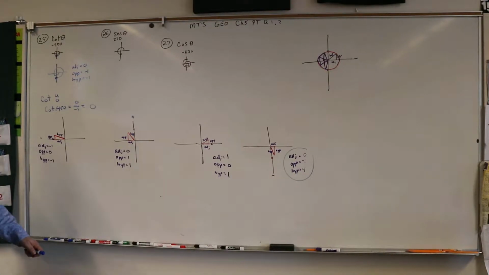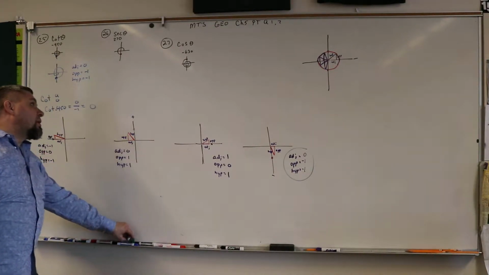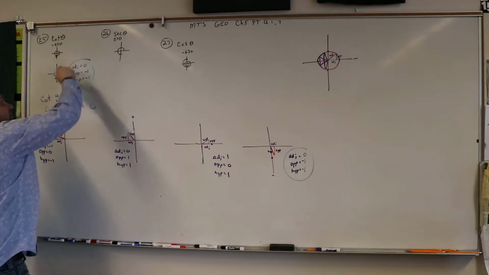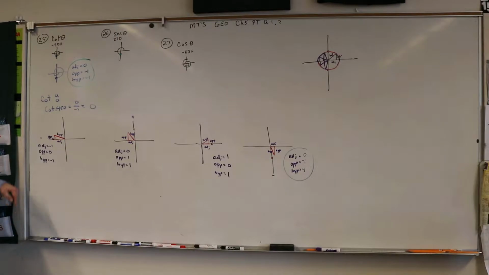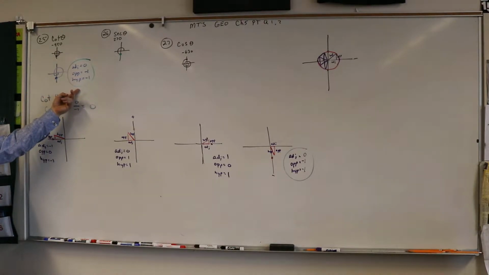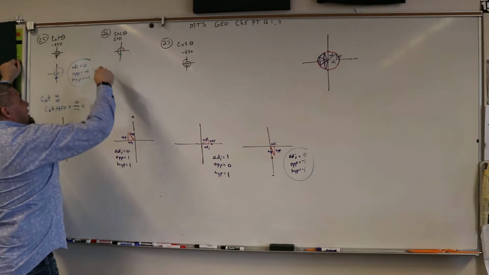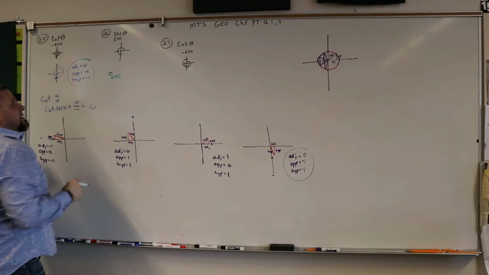In the next problem, we're in the same spot, so we're going to use the same adjacent, opposite, and hypotenuse, even though we got there in a different direction. It's the same spot. Except now we're talking about secant.